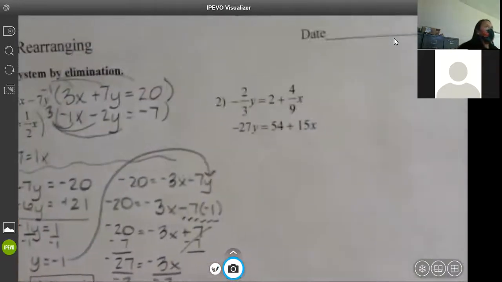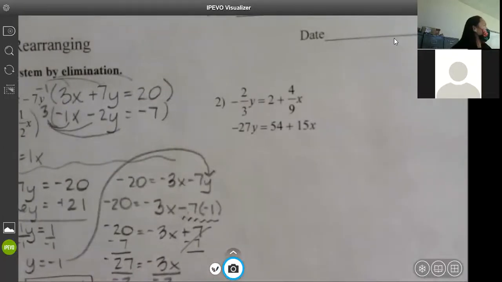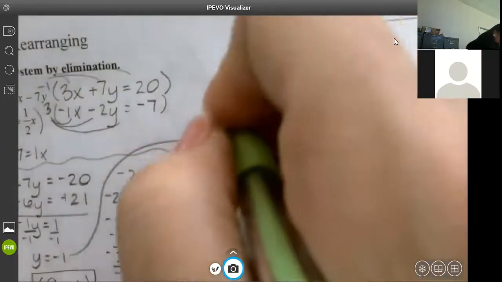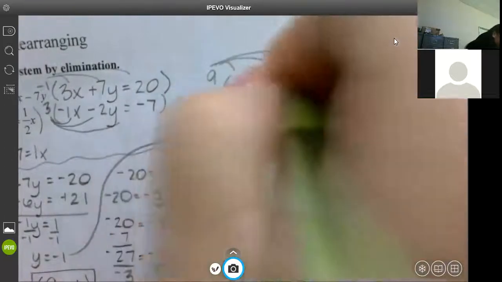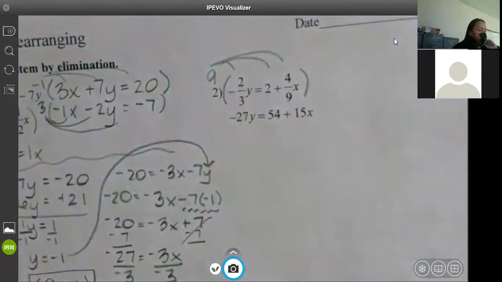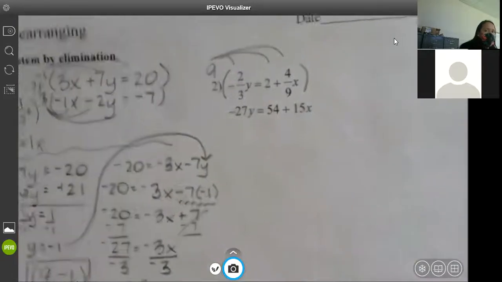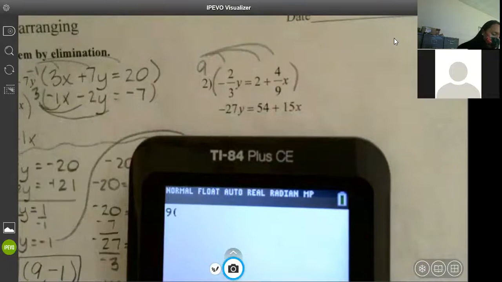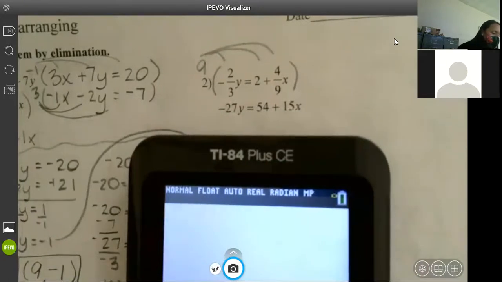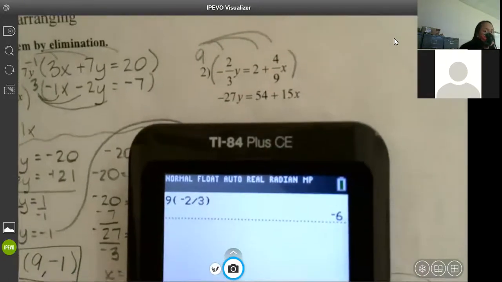So number 2, notice how it has different denominators, right? Take the biggest one. So what's the biggest denominator? 9. That's the one we're going to work with. When we multiply it, 9 times negative 2/3 gives us negative 6.